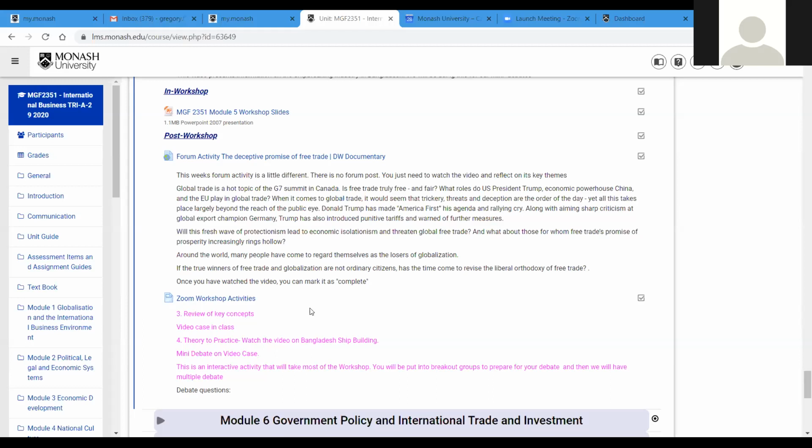Then we're going to spend most of the time doing some group preparation, and then the mini debates on some questions that relate to the application of free and fair trade, using the Bangladesh shipbuilders case as our example. I would encourage you to print out, or at least have an electronic copy for Friday of, the workshop slides, because they'll be useful as you apply the theory from those slides to prepare your answers.